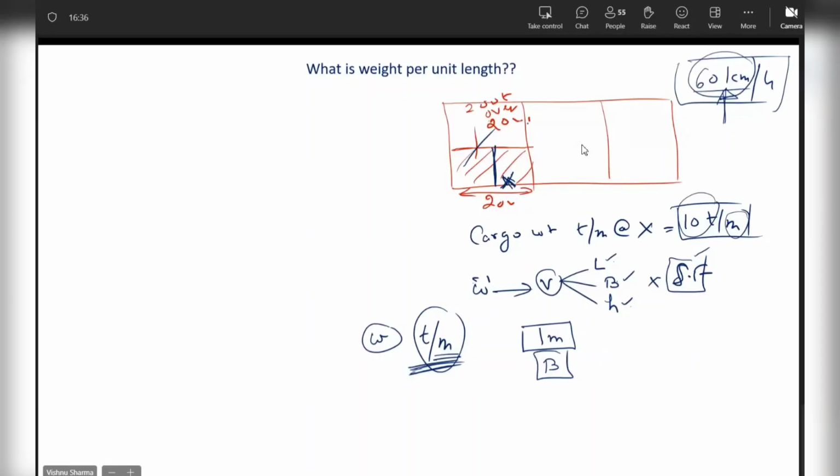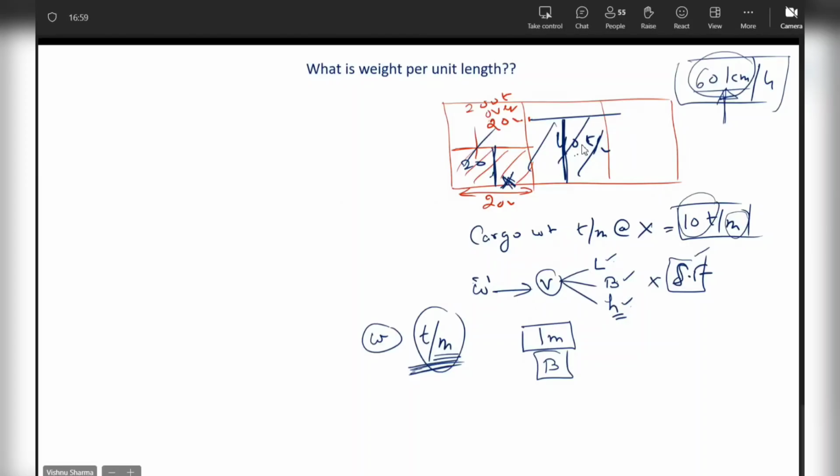What makes the difference if it was 20 tons per meter here and it was 40 tons per meter here? Between the two, which parameter is different? The parameter which is different is the height of the cargo. Between the two holds, what is different? Same cargo, same stowage factor.